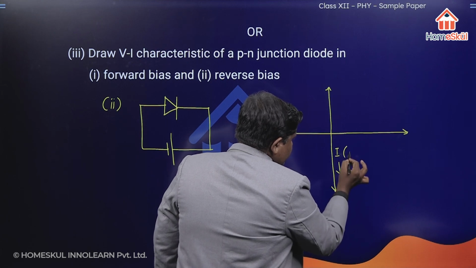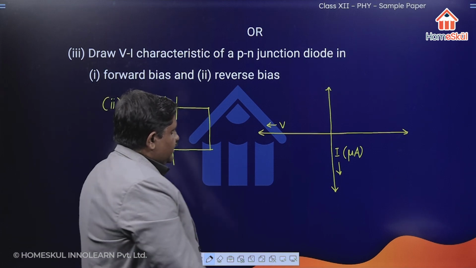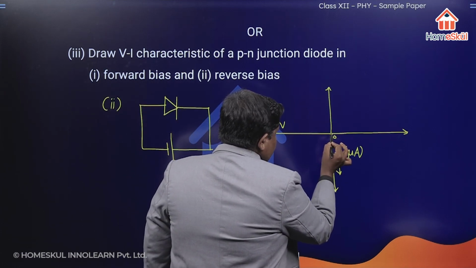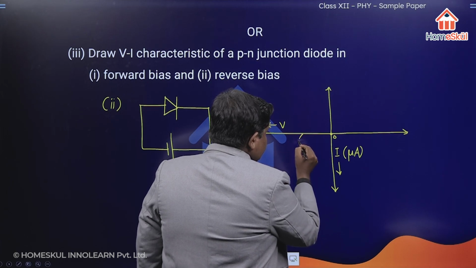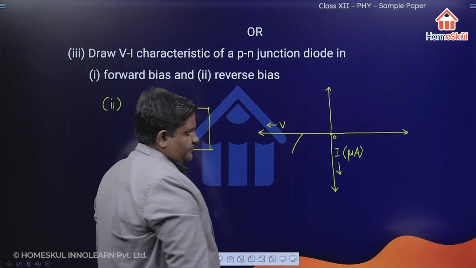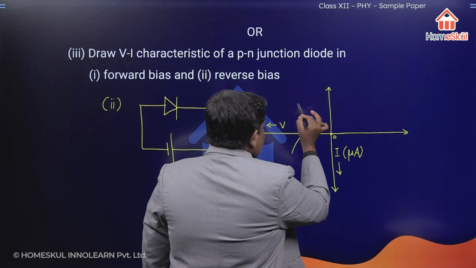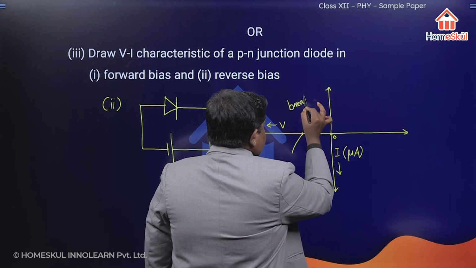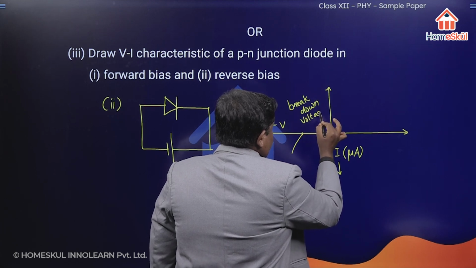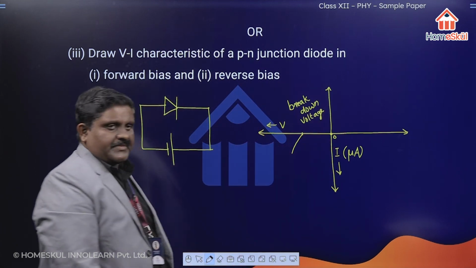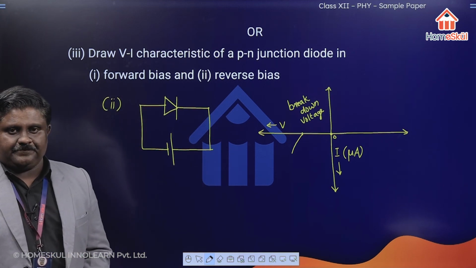Here the current is measured in microampere. Initially there is no current up to a certain value, and after that there is a small rise in current. This voltage is called breakdown voltage. Clear? So this is the graphical representation of reverse biasing.